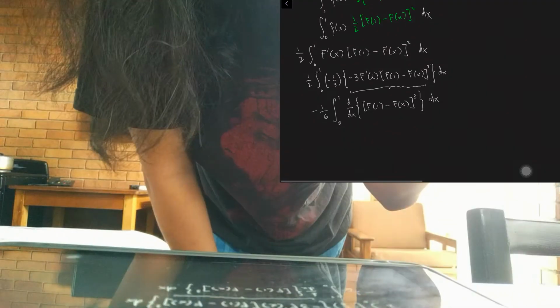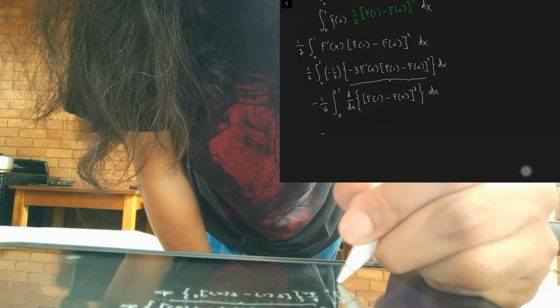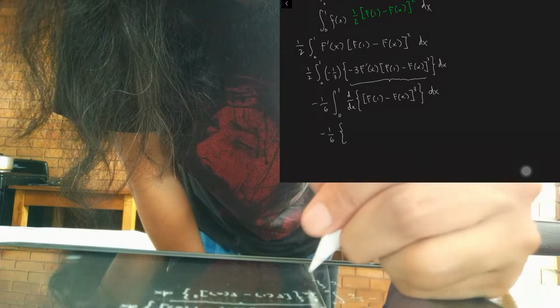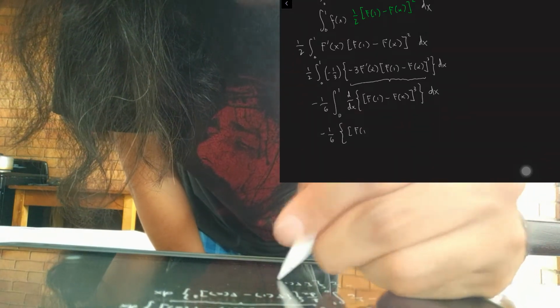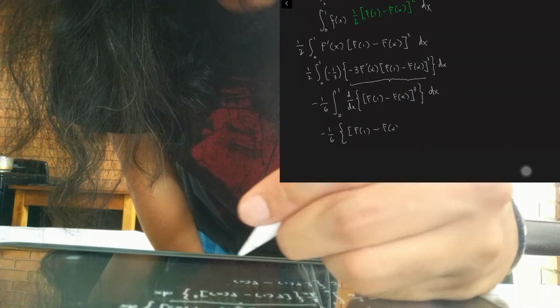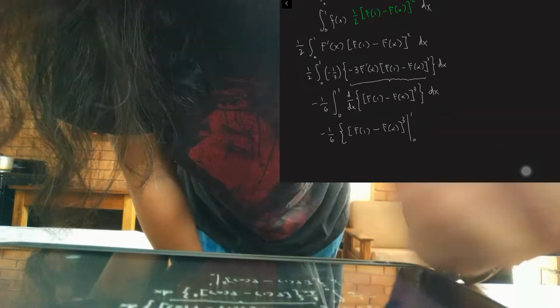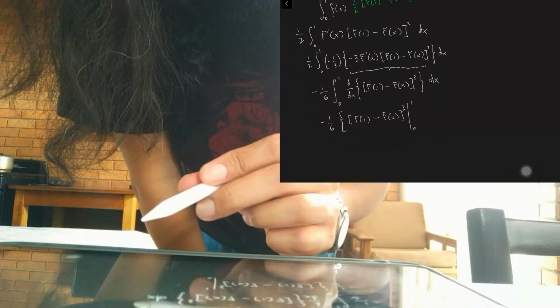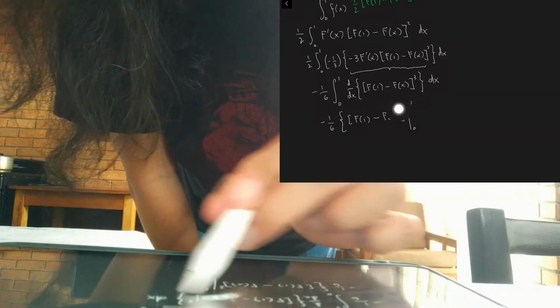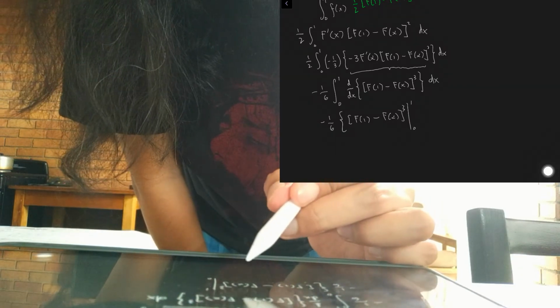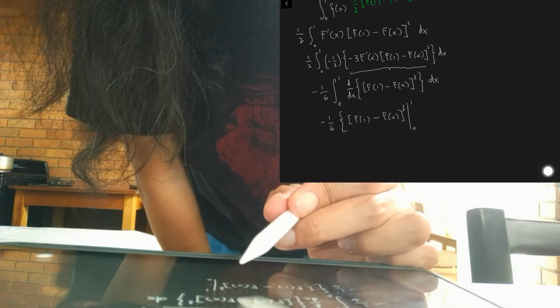Again, the integrand is now an exact differential. So therefore, the evaluation is just negative 1/6 F of 1 minus F of x cubed evaluated from 0 to 1. Okay, look, when you evaluate this at 1, the entire thing gives you 0, correct?